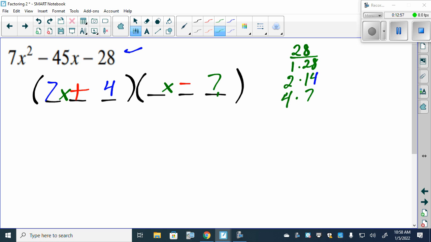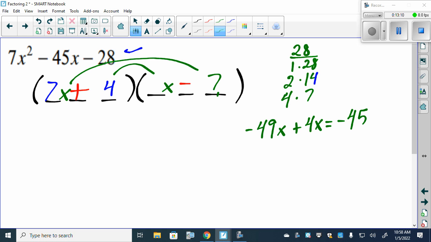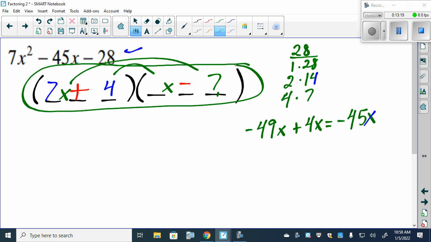And if we try this here, 7x times negative 7 is negative 49x. 4 times x is going to be plus 4x, which gives us negative 45x. Is that what we wanted? Yes. So these here would be the two sets of factors.